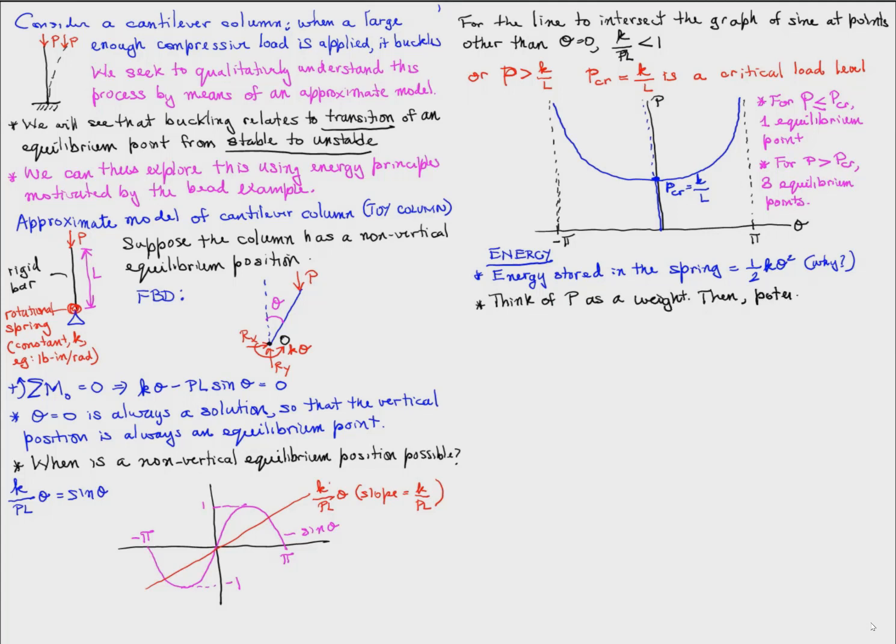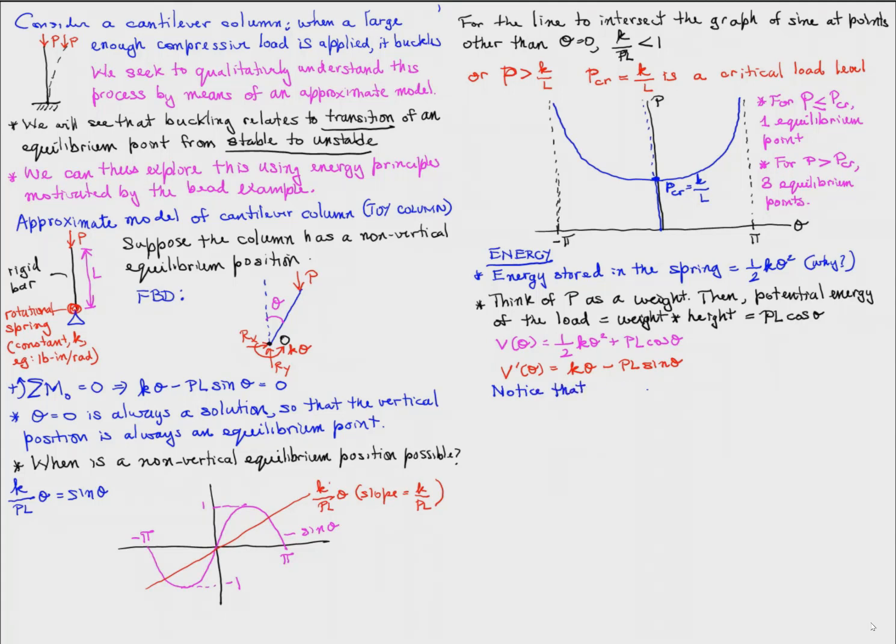So the gravitational potential energy of P is simply the weight times the height, and the height is L cosine theta. So the energy of the load is simply PL cosine theta. So the total potential energy of the toy column, which we call V of theta, is 1/2 K theta squared from the spring plus PL cosine theta from the load.